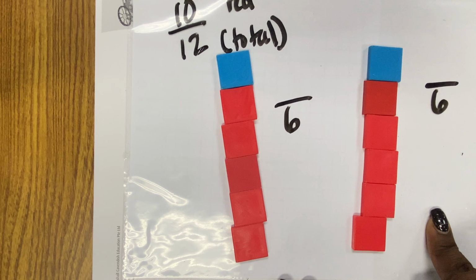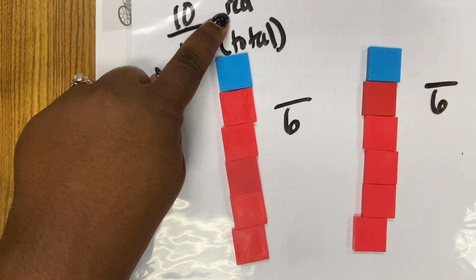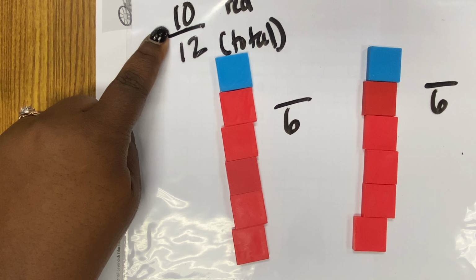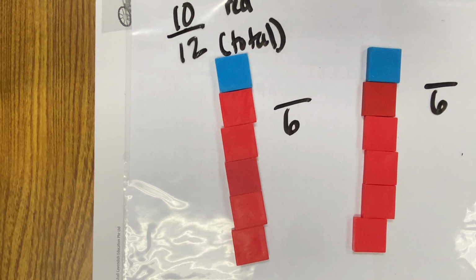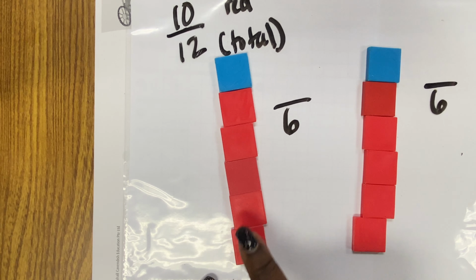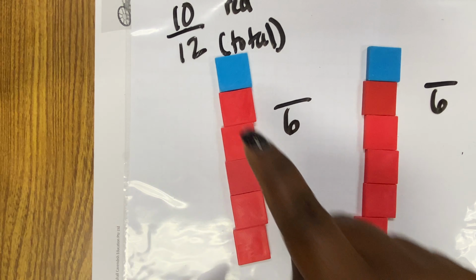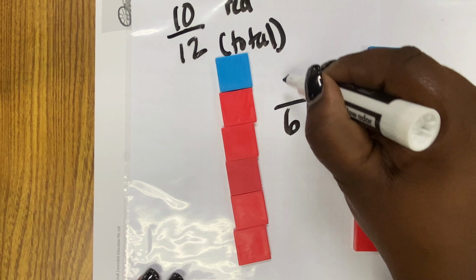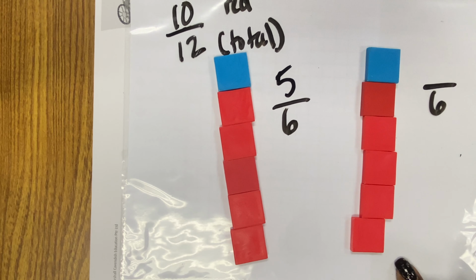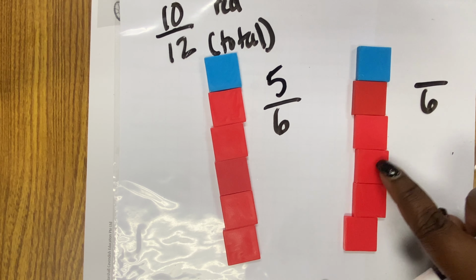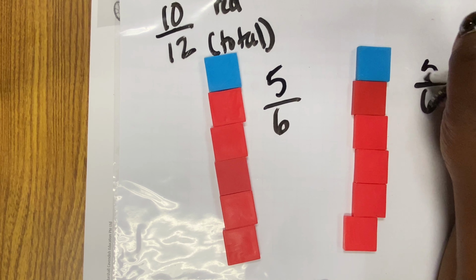So now let's see how many are shaded or how many are red, because remember we said the red represents the shaded. So looking here in this group, I have 1, 2, 3, 4, 5 that are shaded. And in the second group, I have 1, 2, 3, 4, 5 that are also shaded.